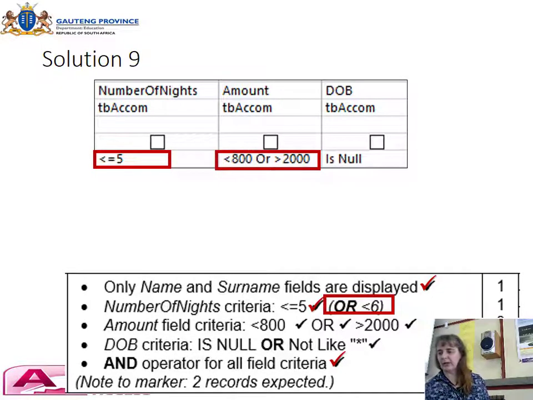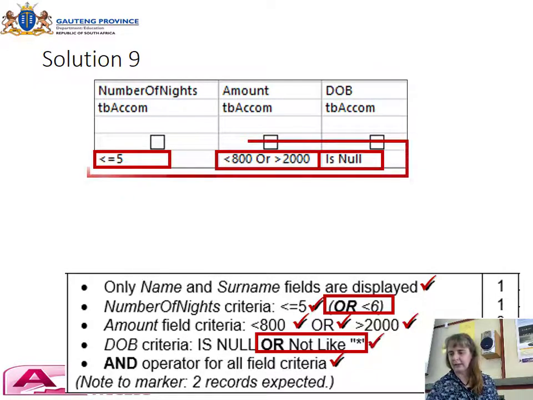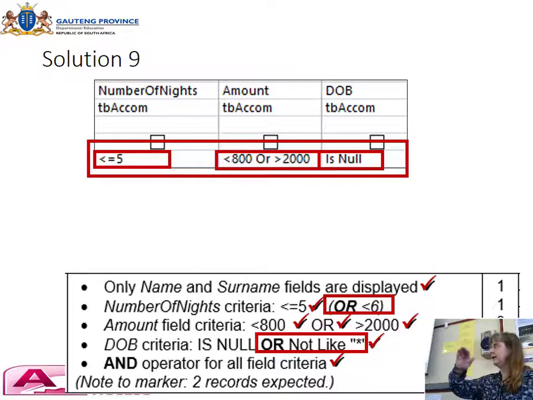Then we look at the amount we have. Then we look at the null. Then the date of birth. And then the whole thing together as an AND, so it needed to be displayed as an AND in one field.